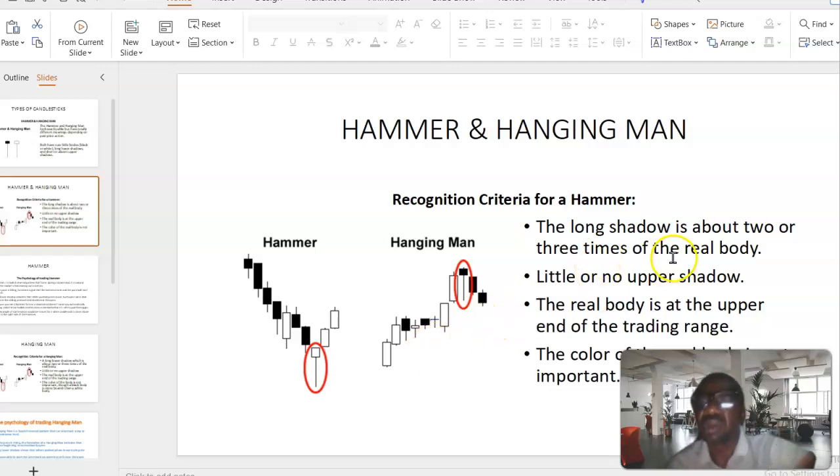Now let's look at the recognition criteria. The long shadow is about 2 or 3 times the real body. There is little or no upper shadow. The real body is at the upper end of the trading range.